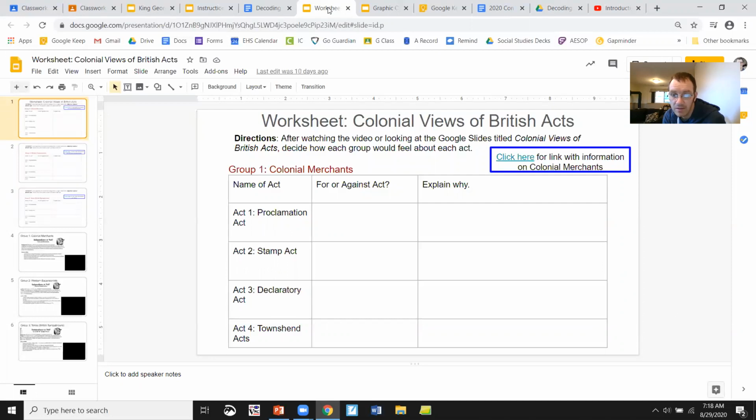If you're not an online student, think back to the discussion we had about should we break away from the British. Okay, so here are the acts. There were 4 of them, and I would say look at what you did for the colonial merchants. Okay, why were they against these things? So you're going to choose 3 of these to talk about.